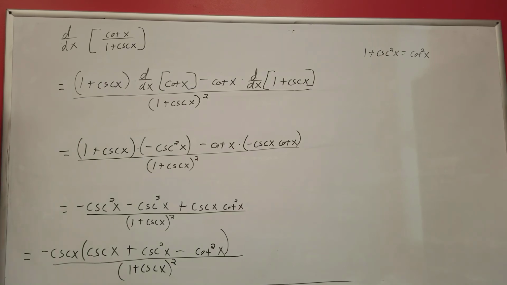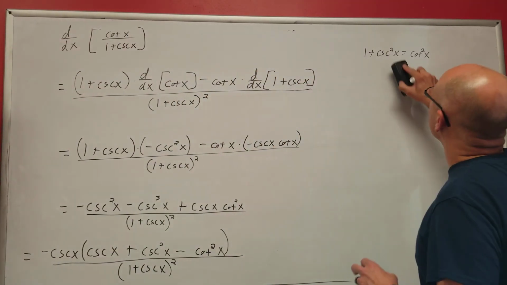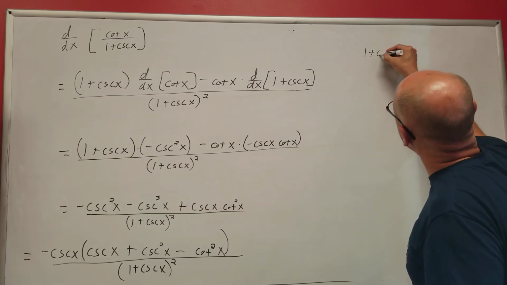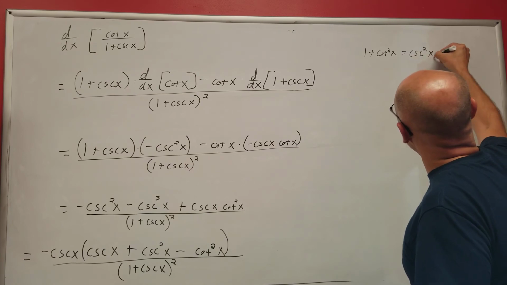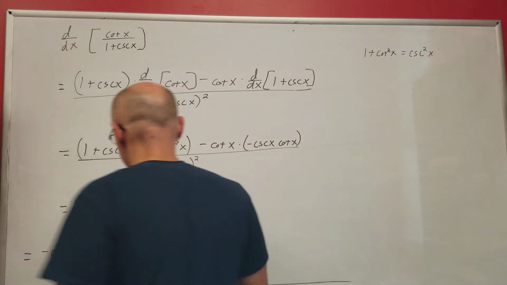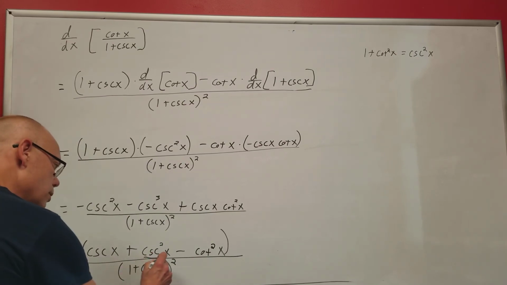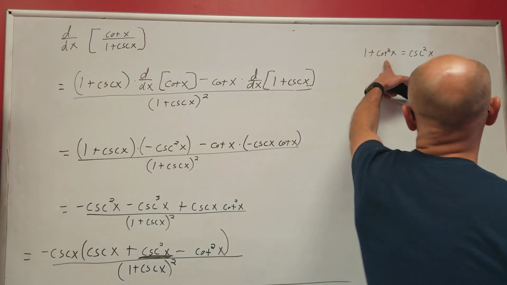So I can make a replacement, right? Couldn't I call this part right here 1 plus cotangent squared?